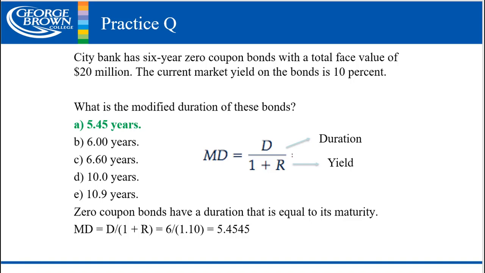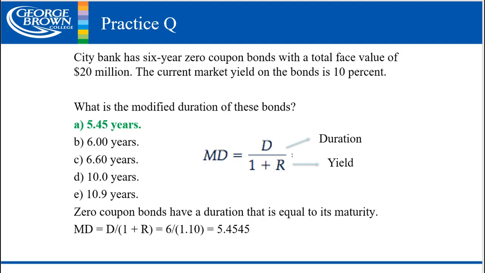The modified duration of the bond, I've shown the formula here, equals D divided by 1 plus R. D is the duration, and recall that zero coupon bonds have a duration that is equal to the maturity. So here it says that it's 6-year zero coupon bonds, so we know the numerator is 6, and the denominator is 1 plus R, and R is the yield. It says the current market yield on the bonds is 10%.